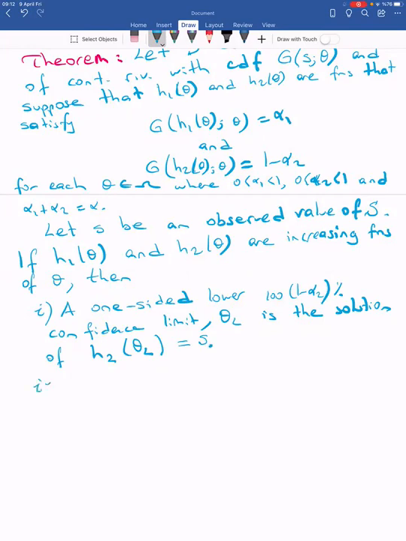Similarly, I will show you with a picture so you can understand better how this happens.